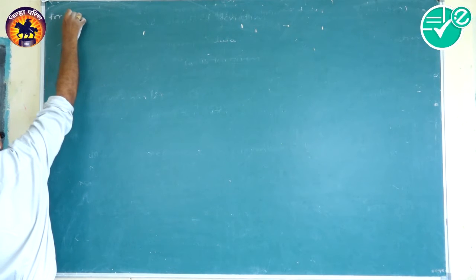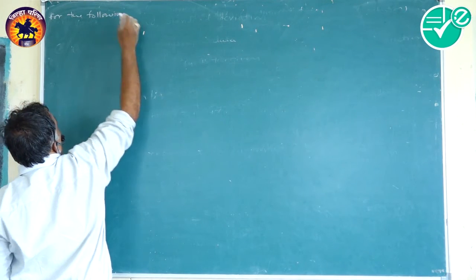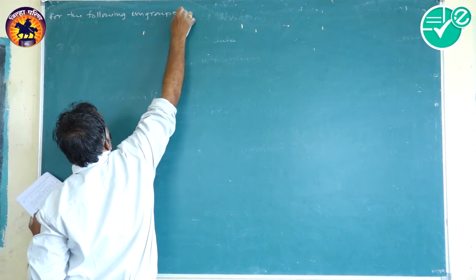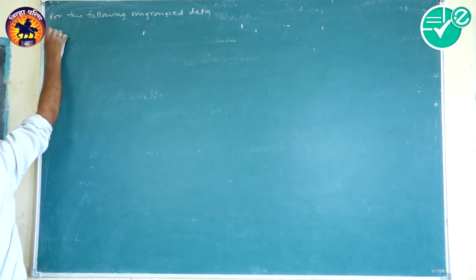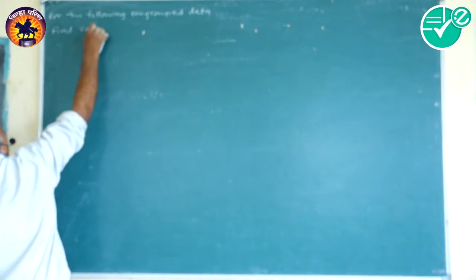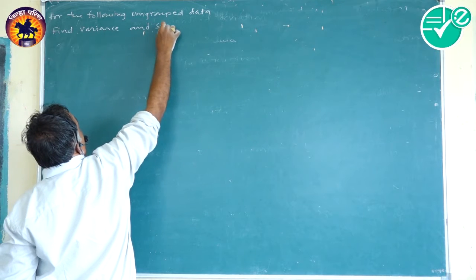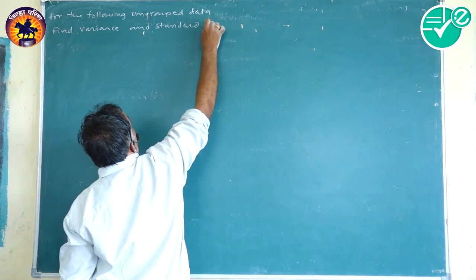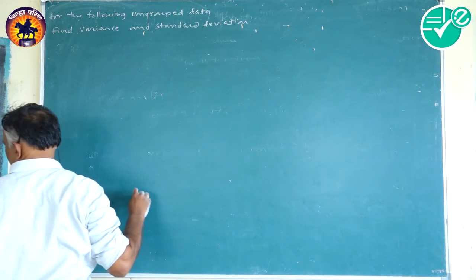For the following ungrouped data, find variance and standard deviation.